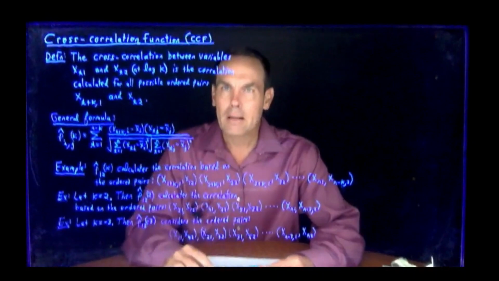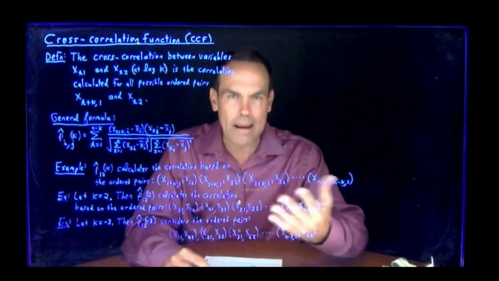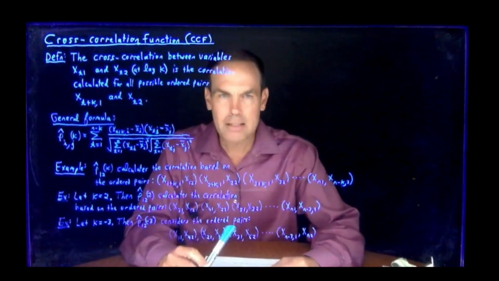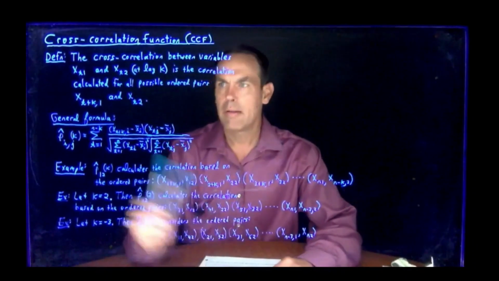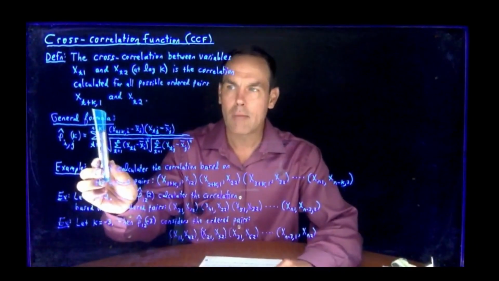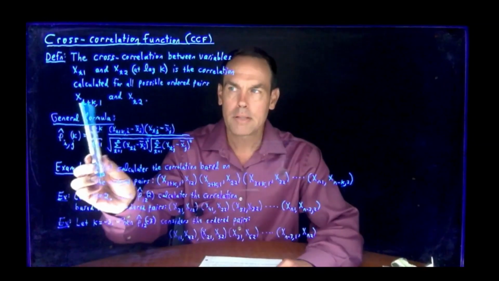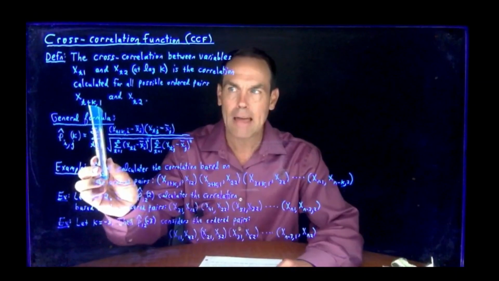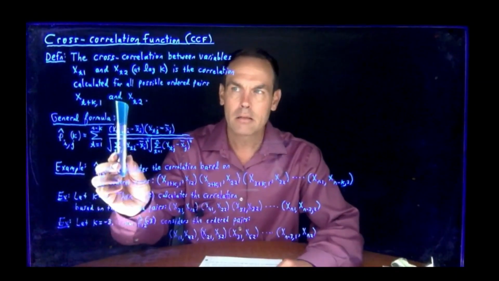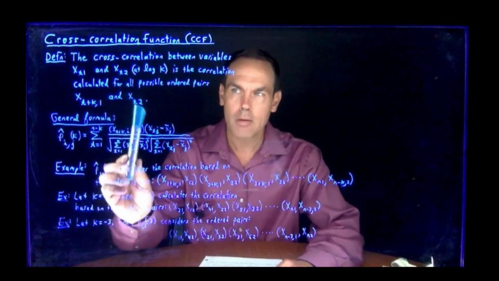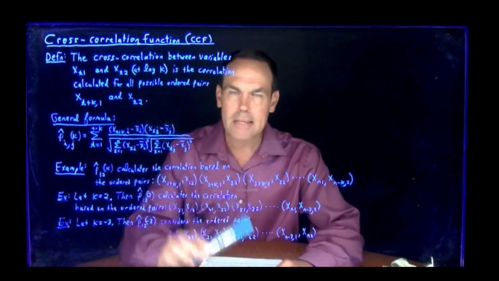At lag k is the correlation, that's the regular correlation coefficient, calculated for all possible ordered pairs, xt plus k comma 1, again, first variable, t plus k, where k is the lag. Remember it's an ordered pair, so there's your first variable, comma, here's your second variable, xt2.